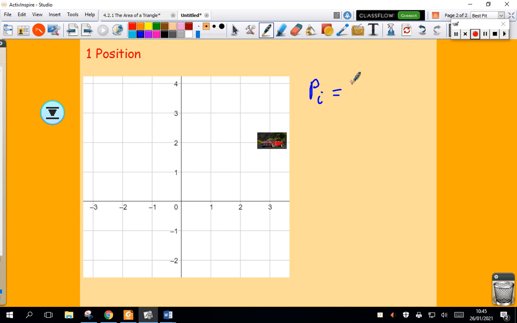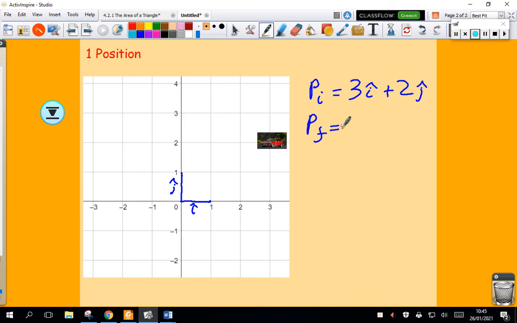We tend to call that 3 i hat plus 2 j hat. i hat is along here. j hat is up this way. So 3 i hats to the right, 2 j hats up. Okay? And again, my units might be meters there. So that's my position.